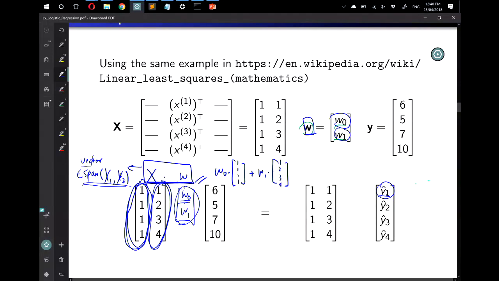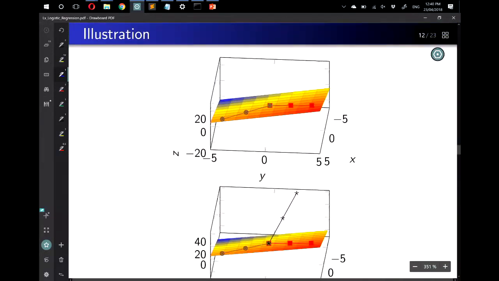So you can think about it: this is one of the columns of X, let's say this is X1, this is X2. Again, you can think about it even in a 3D space.